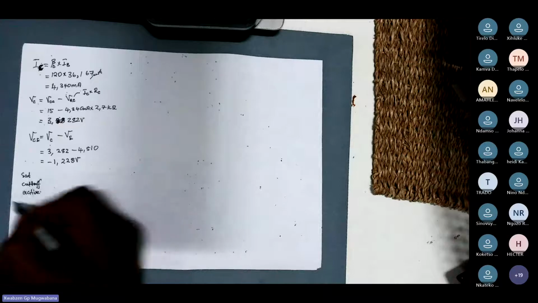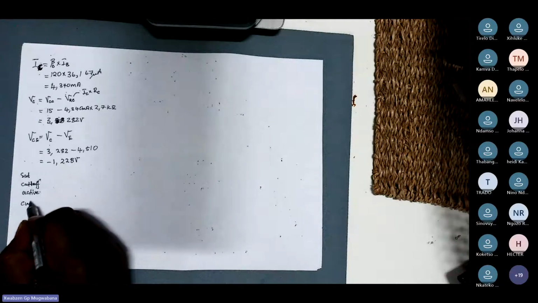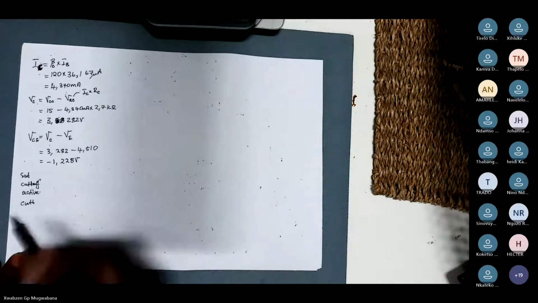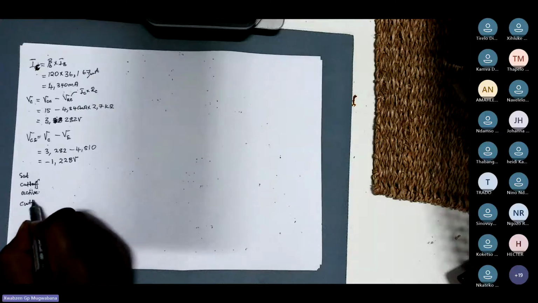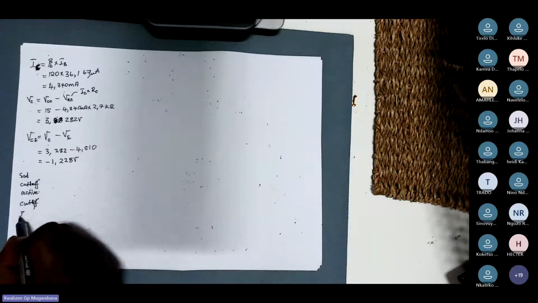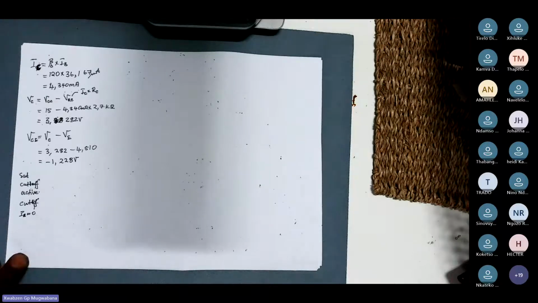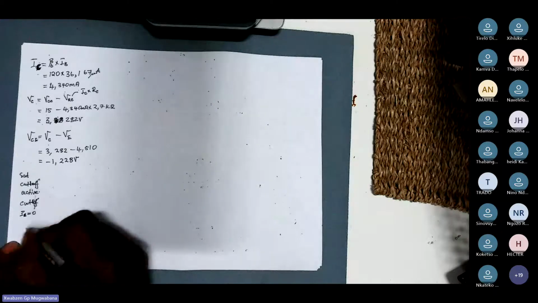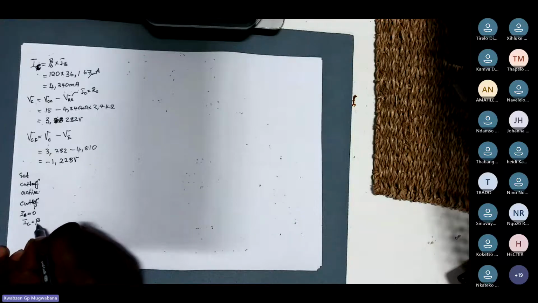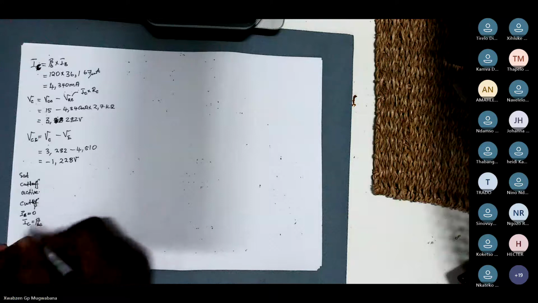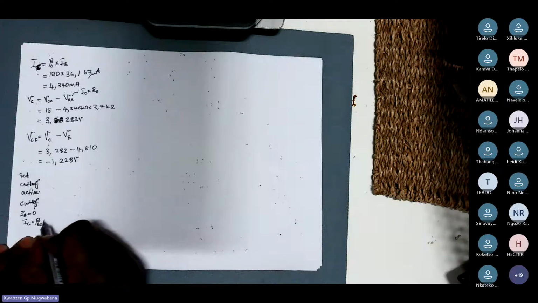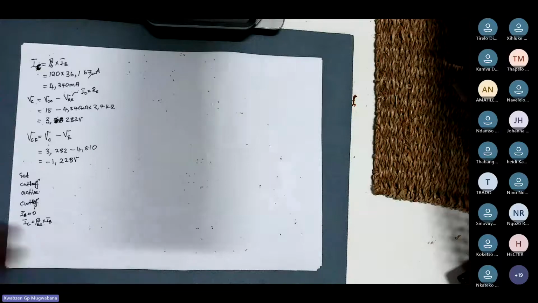During the cutoff, I will say if IB is equal to 0, now we know that IC is beta DC multiplied by IB.